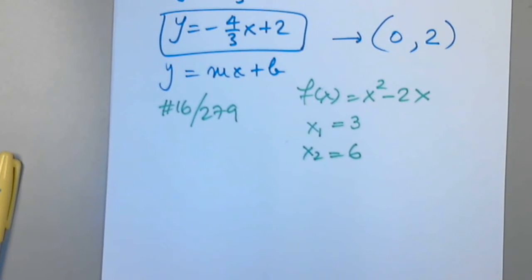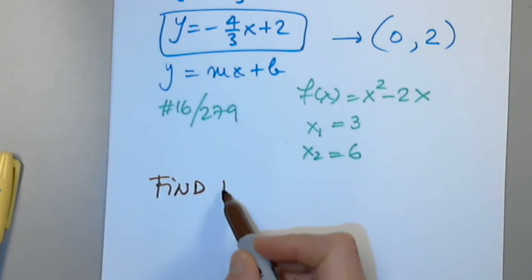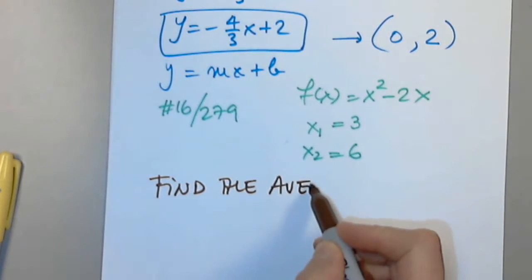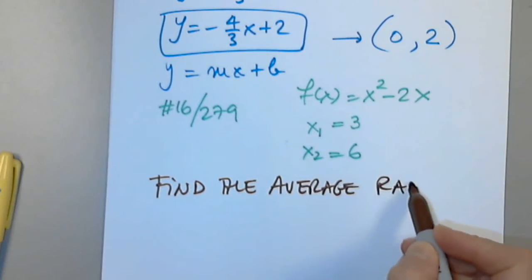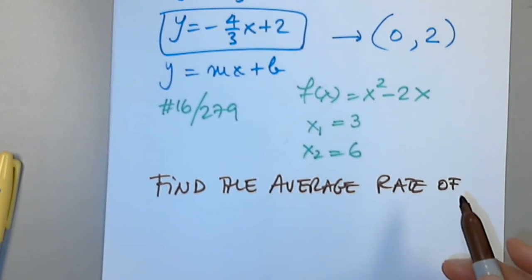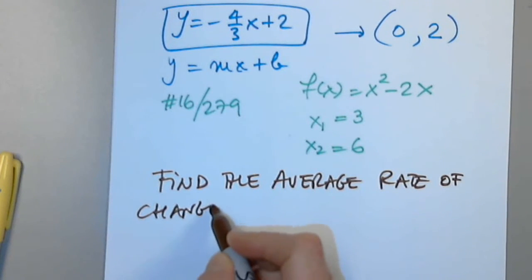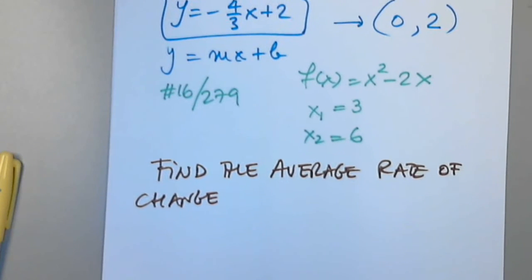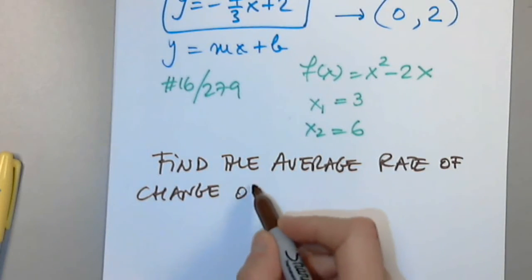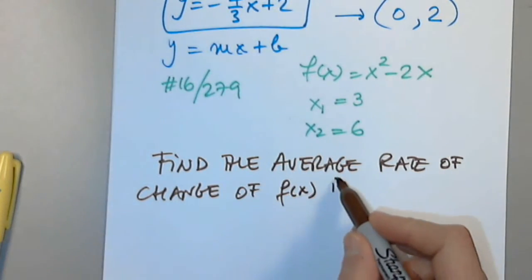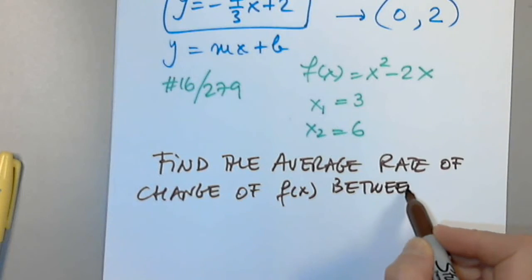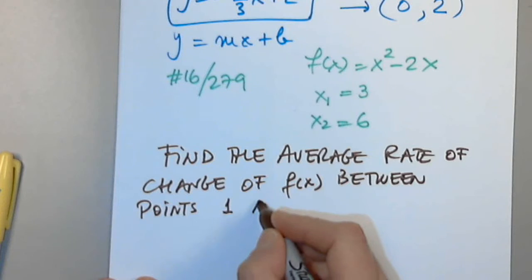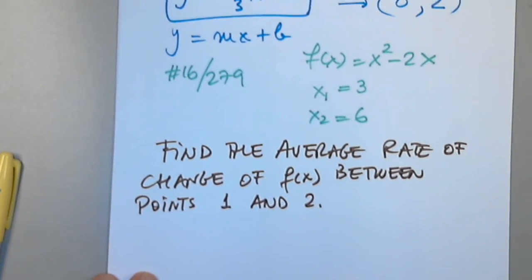Here's the question. Find the average rate of change of f of x between points 1 and 2.